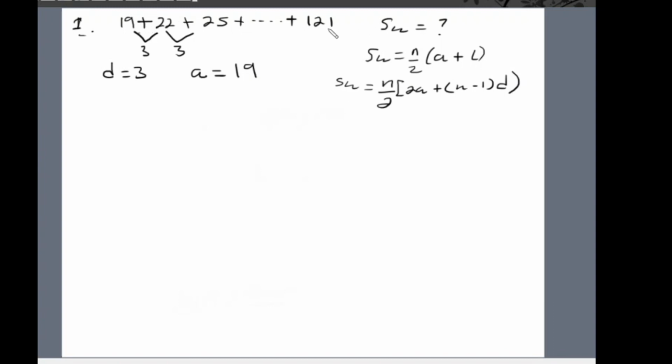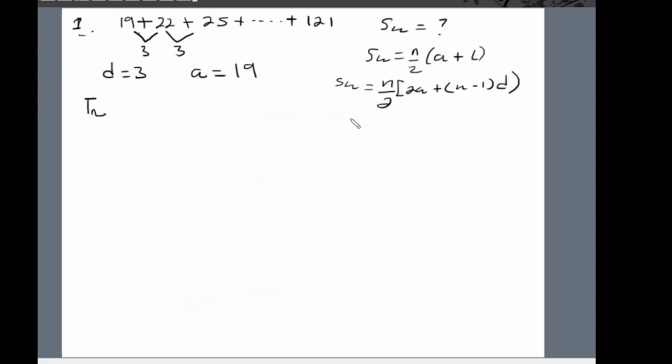This series has n number of terms, but we don't know how many terms there are exactly. We must find which term number the last term 121 is, so we first need the formula for Tn.